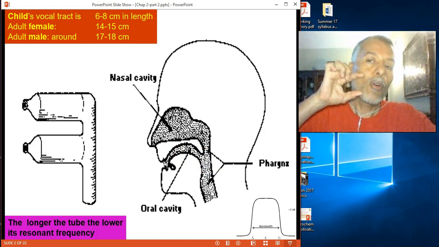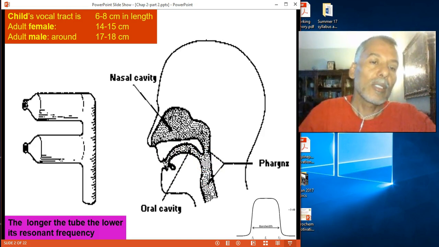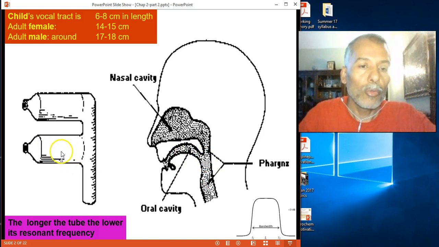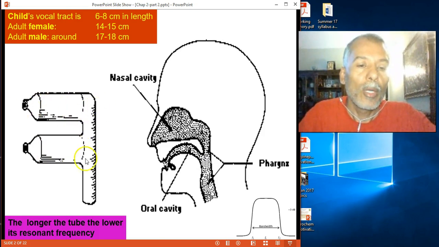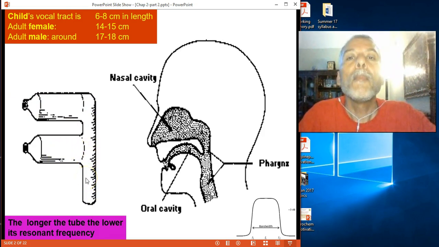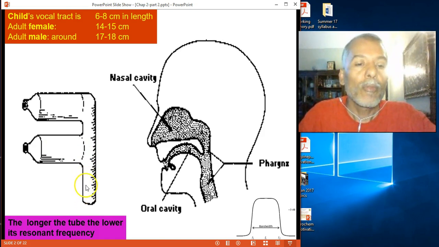Then you have the oral cavity, which is another small tube, and then the nasal cavity, which is the third tube. When you make a sound, in many cases it will vibrate through the entire tube.